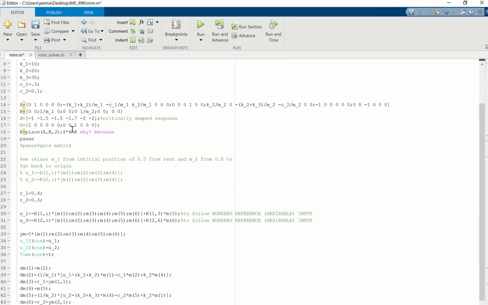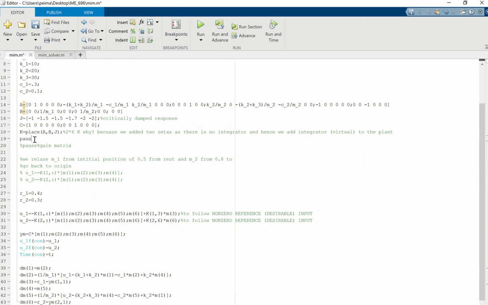Because we added 2 zetas, as there is no integrator, and hence we add a virtual integrator to the plant. Okay, please write your code to make sure that you have the comments.